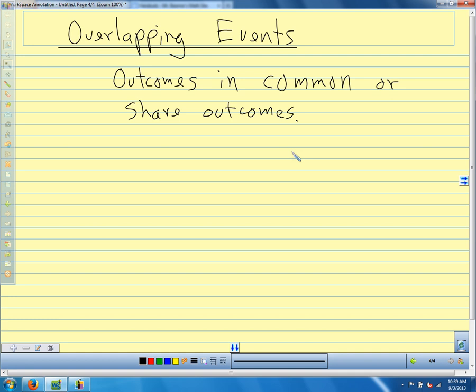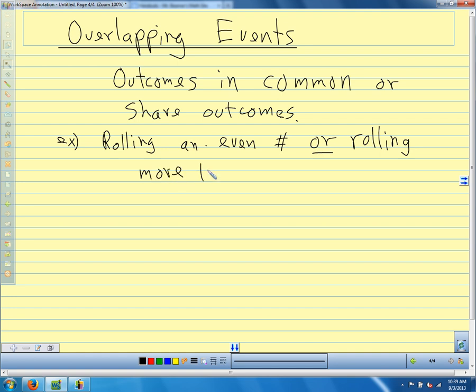So an example would be, and we'll talk in just a second about how we calculate these probabilities, we have a die, and we want the probability of rolling an even number or rolling more than 3 in one roll.